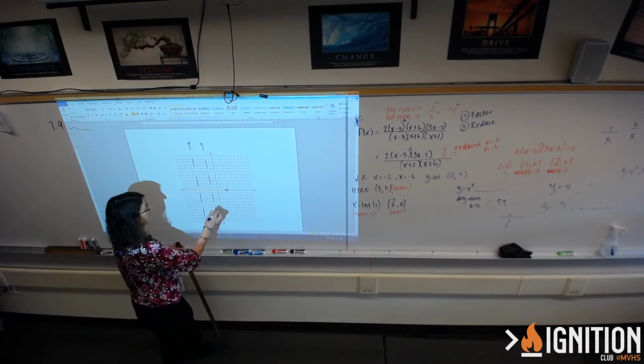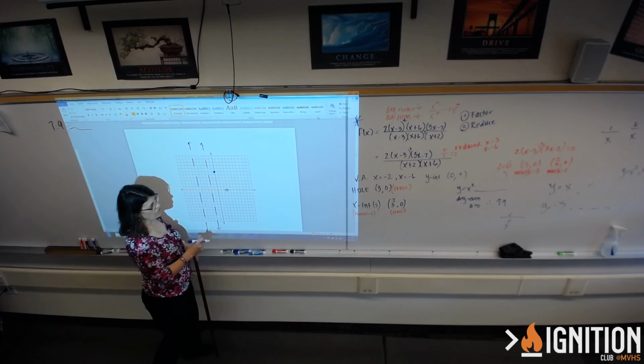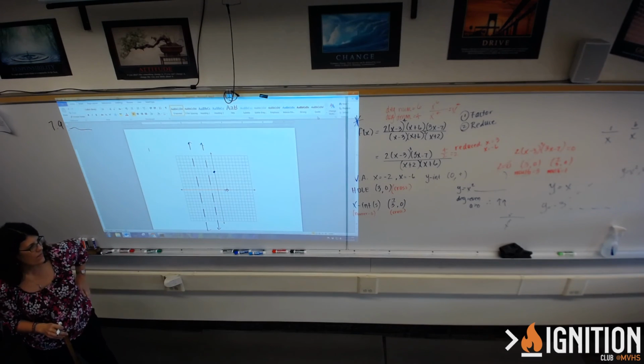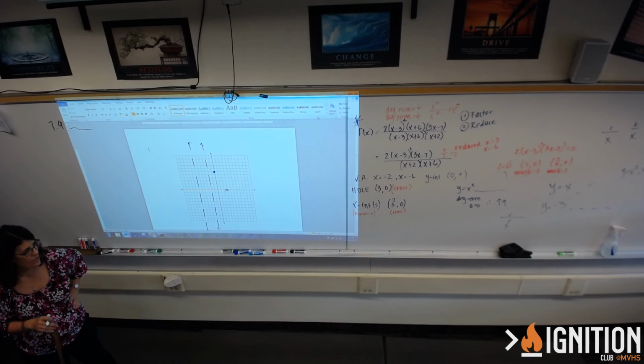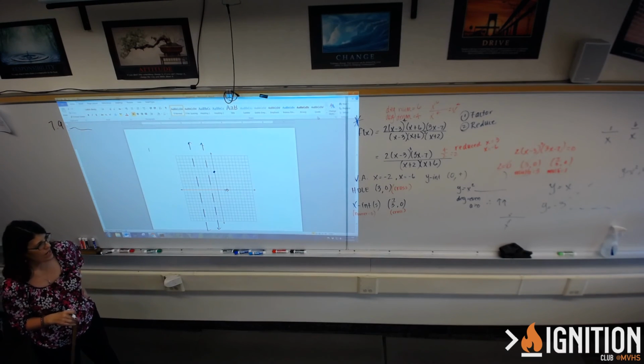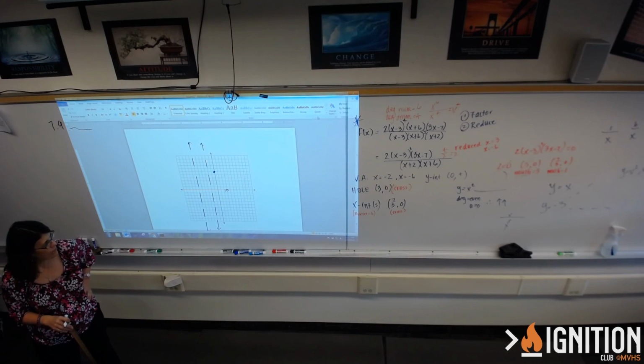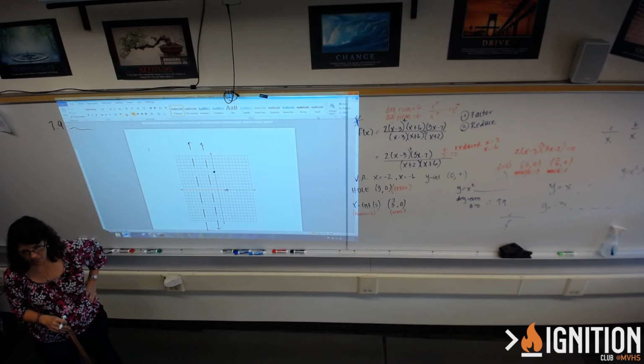Positive? Great. What else? 7/3, 3, 0. Y-intercept. I think for the end behavior. I've graphed everything except for the end behavior.